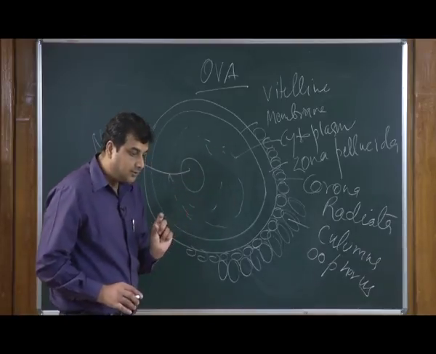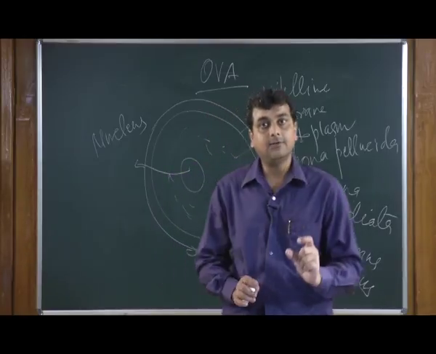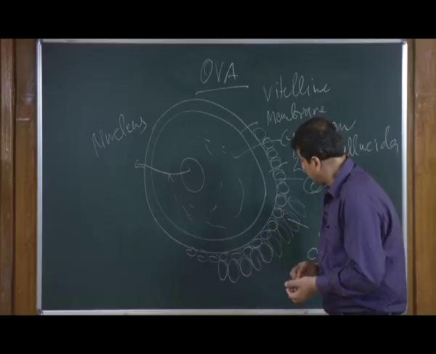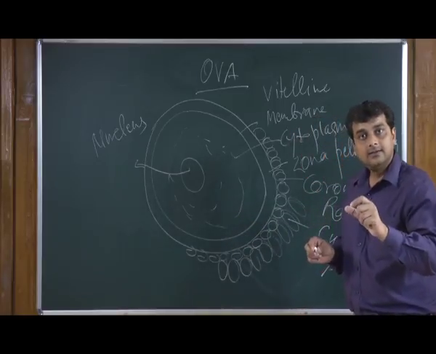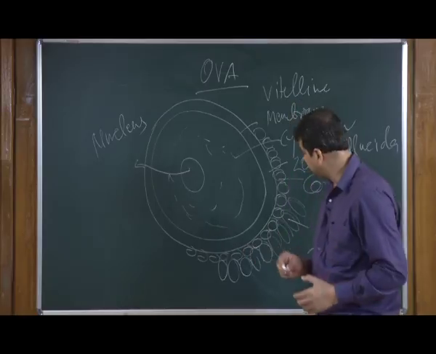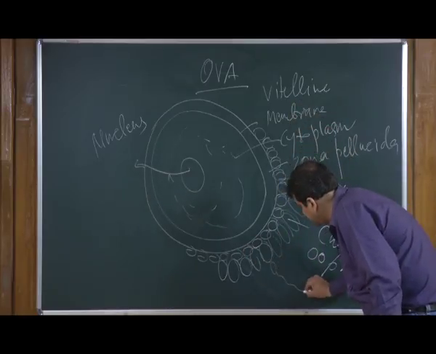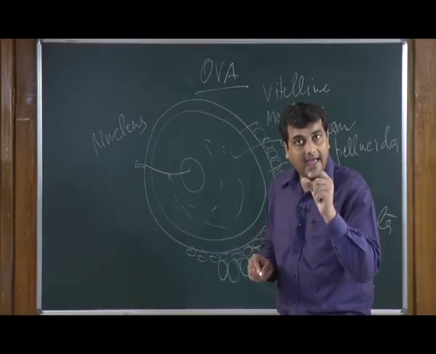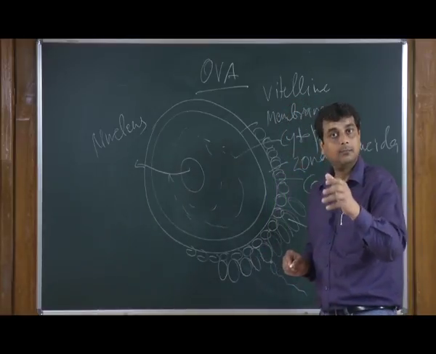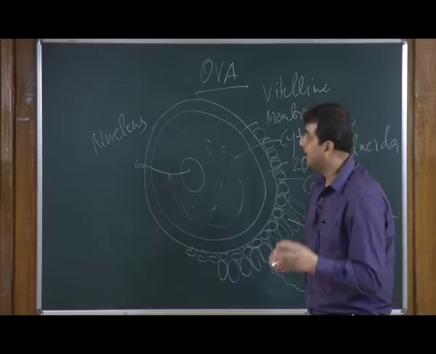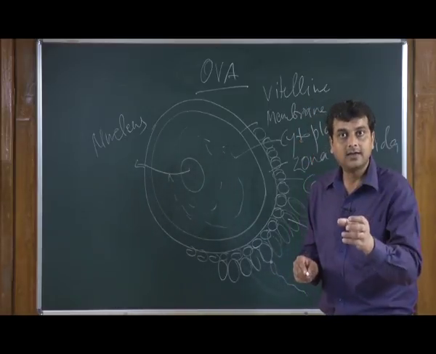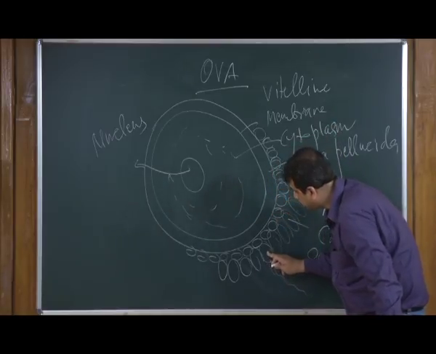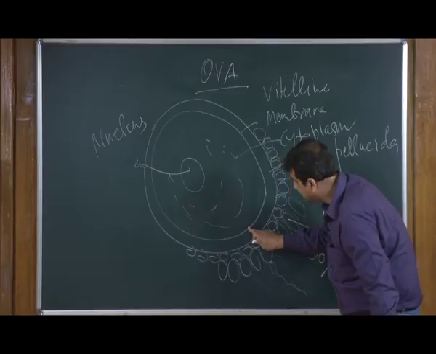Now, we need to understand why this whole covering is there. Once there is a process of fertilization, which we will discuss in a later part, the sperm enters here. The top area we just discussed, the acrosome, is a modification of the Golgi body, and it contains many hydrolytic enzymes that can penetrate these layers.